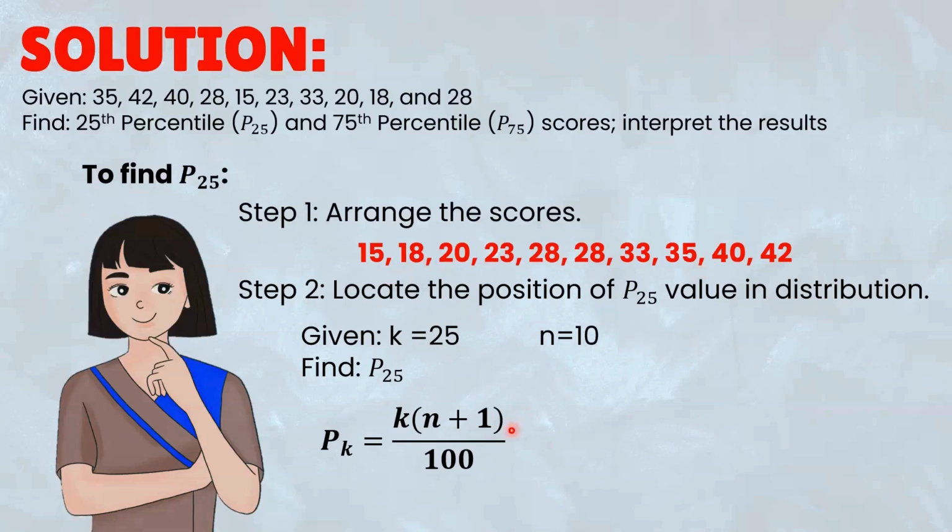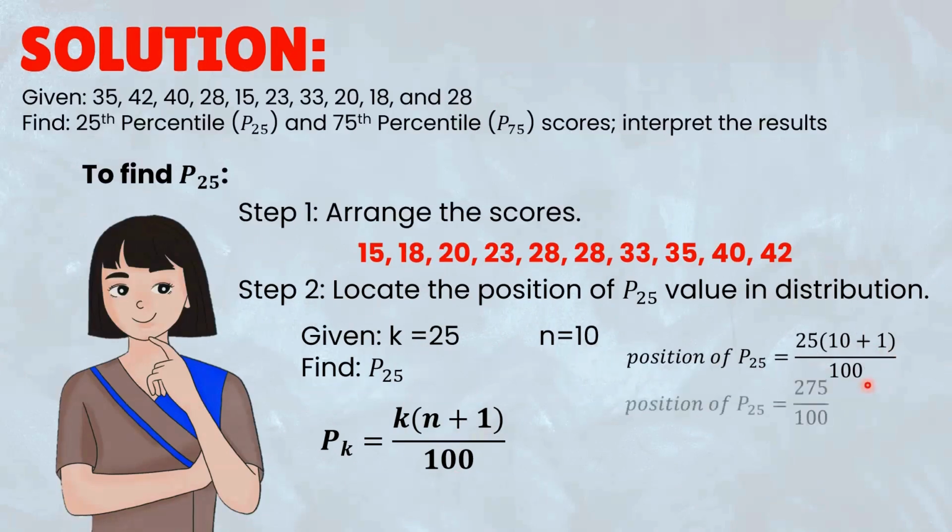We substitute the given to our formula. So the position of the 25th percentile is equal to, we replace k by 25, we replace n by 10, and then we copy the rest, plus 1 over 100.